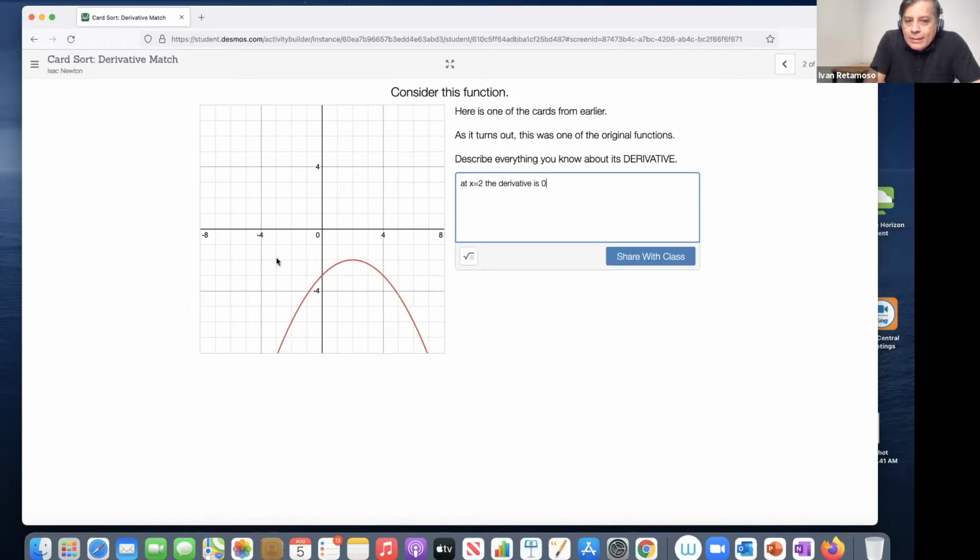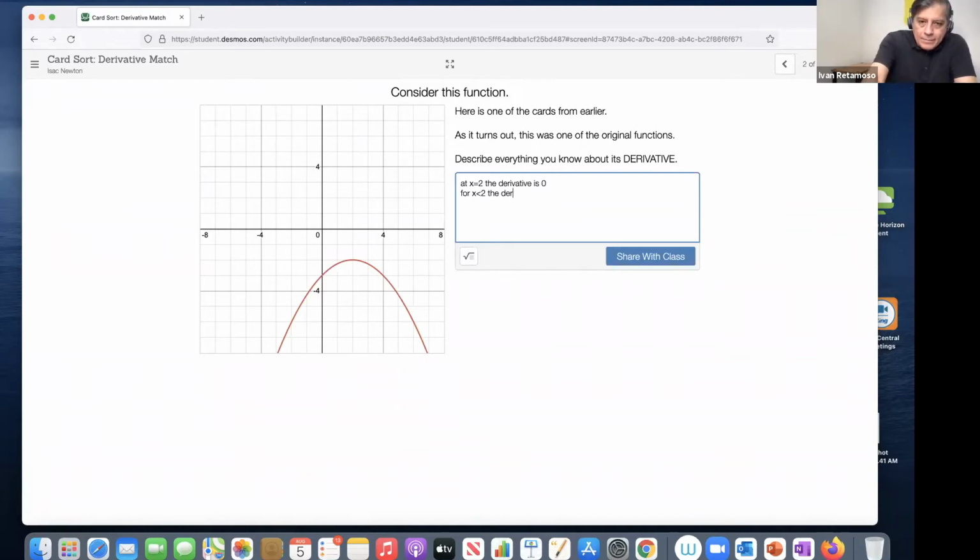These crests, these mountains, as mathematicians sometimes call them, should be associated in your mind with derivative 0. Sometimes they call these points turning points, from increasing to decreasing. Turning point, derivative 0. Excellent. But what else can we say about this? Anyone could tell me what happens for x less than 2? What happens with the derivative?